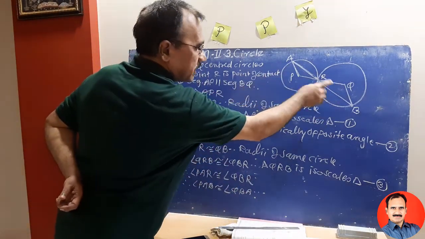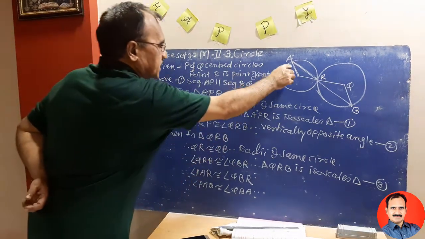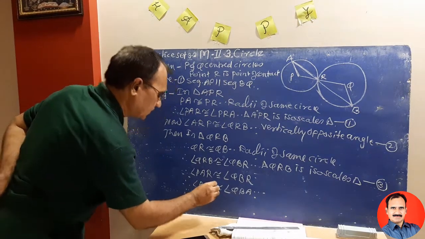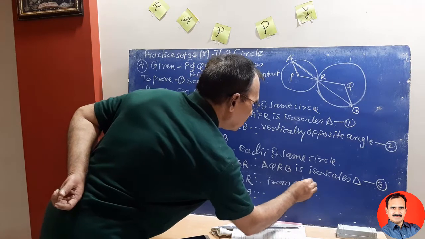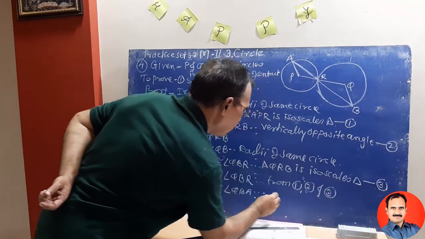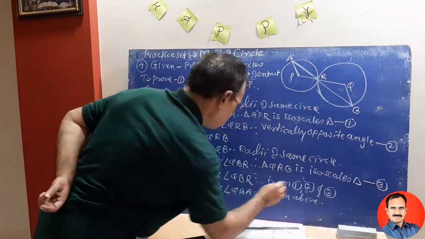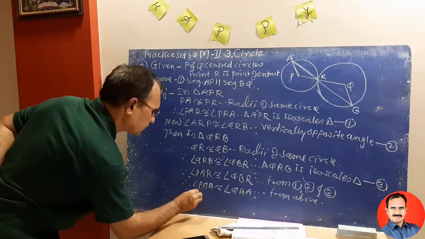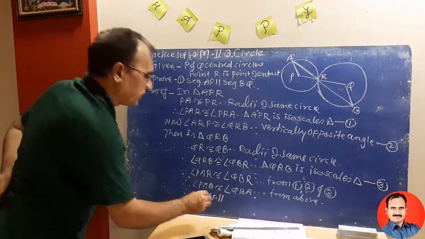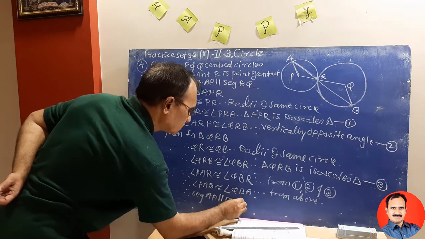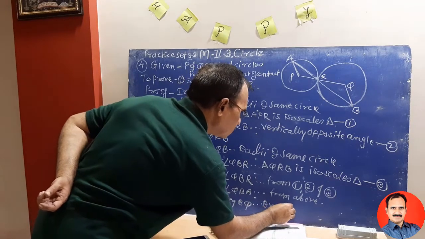The angle is the same but the names are different, and therefore, from 1, 2 and 3, from above, segment AP is parallel to segment BQ by the alternate angle test.